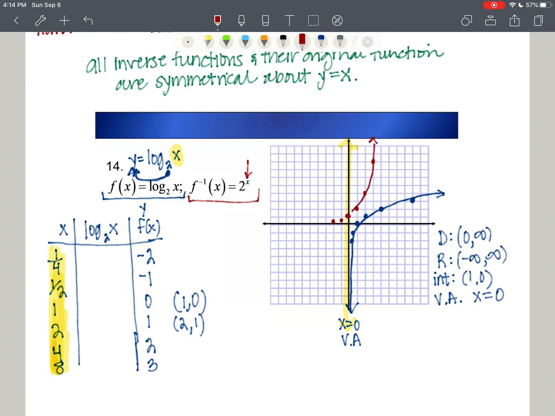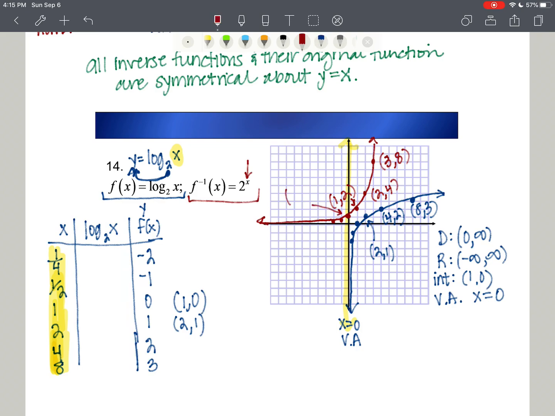And then what I do with each one of those points is I flip them. You put a 3 in, you get an 8, and that's how I get (8, 3). You put a 2 in, you get a 4, and that's how I got (4, 2). You put a 1 in, you get a 2 out, and that's how I got (2, 1).